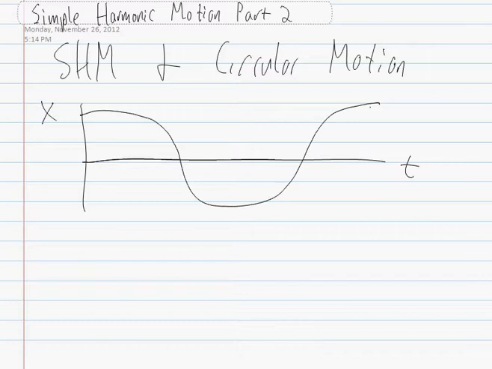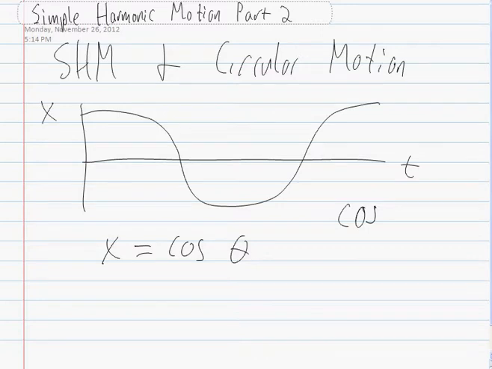That pattern corresponds to certain places in the motion, and we said that this had the shape of a cosine graph.